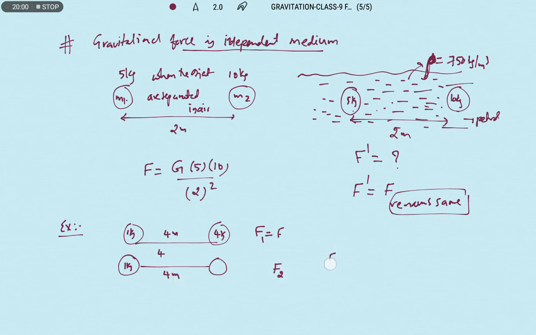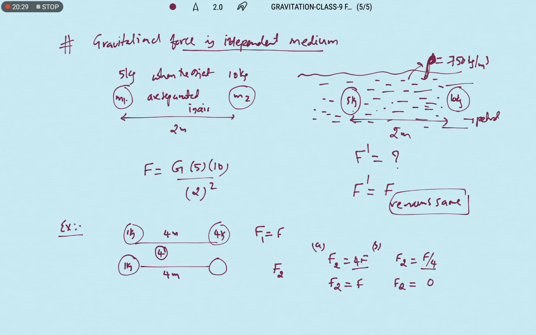So they are going to give the options: F2 is equal to 4 times F, F2 is equal to F by 4, F2 equals F, and F2 equals 0. Generally, when the specific gravity is given as 4, the answer may be related to either 4F or F by 4, since the medium is introduced.